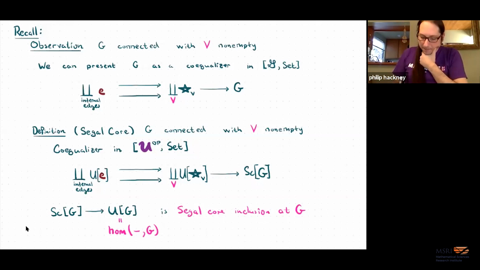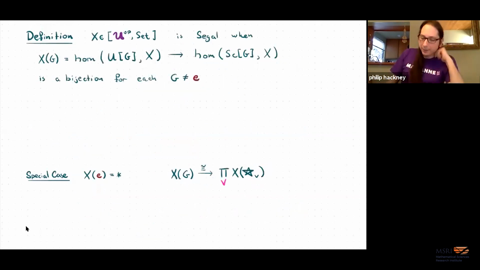So what is the Segal condition? If I take all of those Segal core inclusions, a presheaf X is going to be Segal if it's local with respect to all of those.